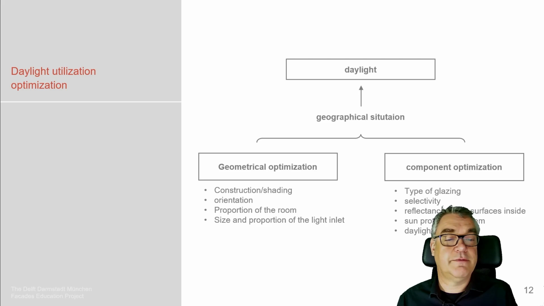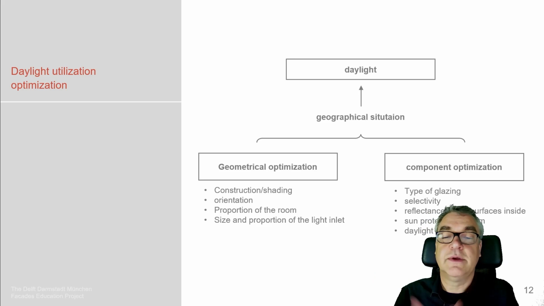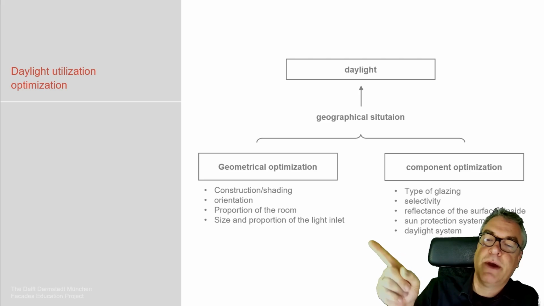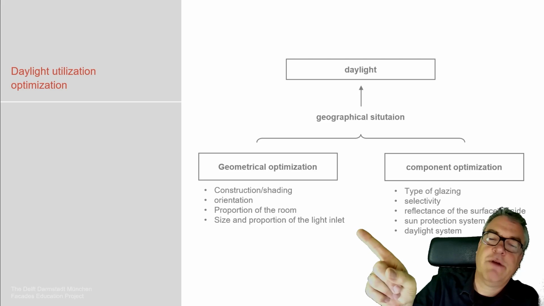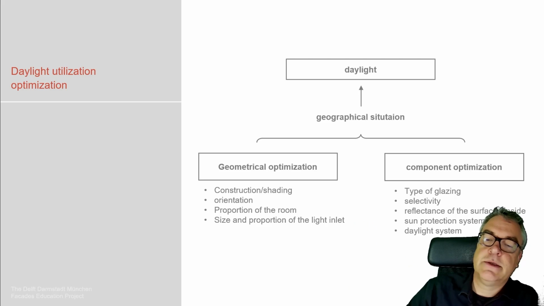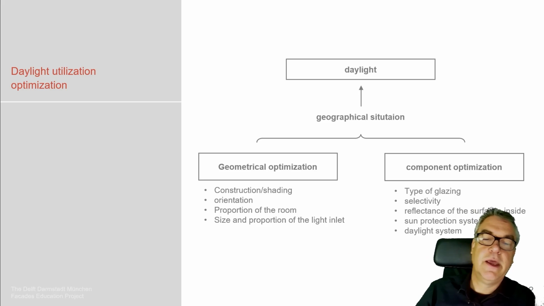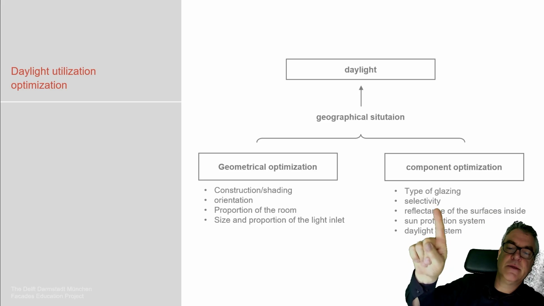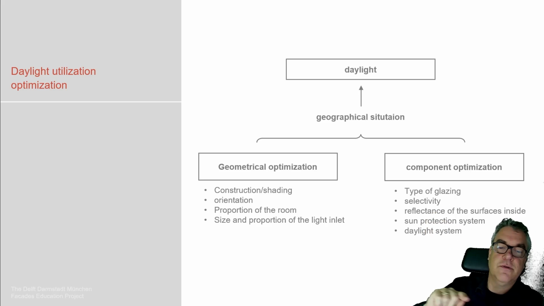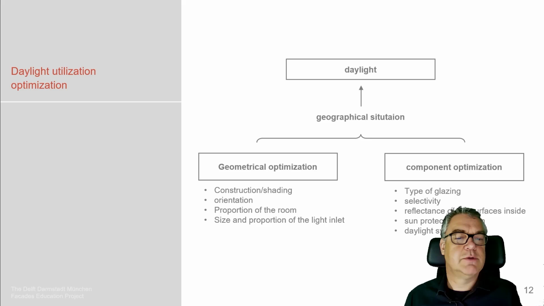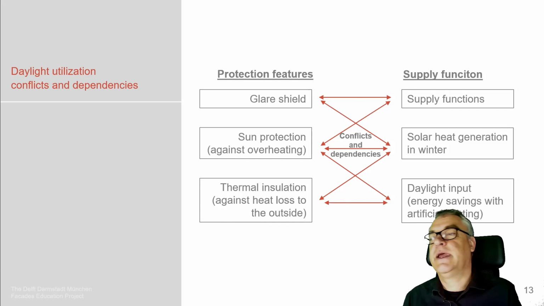Why do we deal with that, or how do we need to organize this? Daylight is defined by the geographical situation, which means geographical optimization and orientation towards the sun, and it's about the components: the type of glazing, selectivity, the reflection of the surface, the sun protection system, and the daylight system, if there's a daylight system, which we will see in a second.